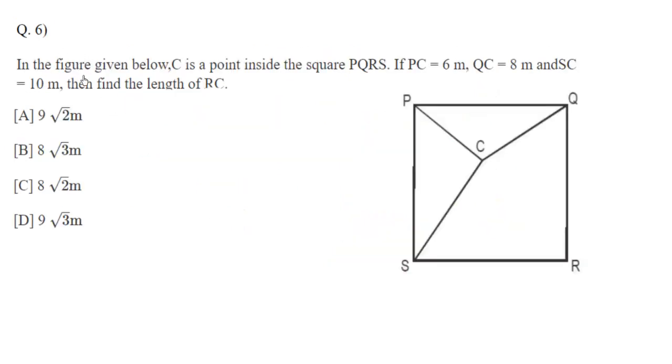Now in this question, it says that in the given figure below, P is a point inside the square PQRS, right? And PC is equal to 6, QC is 8 and SC is 10, and we need to find the value of RC.